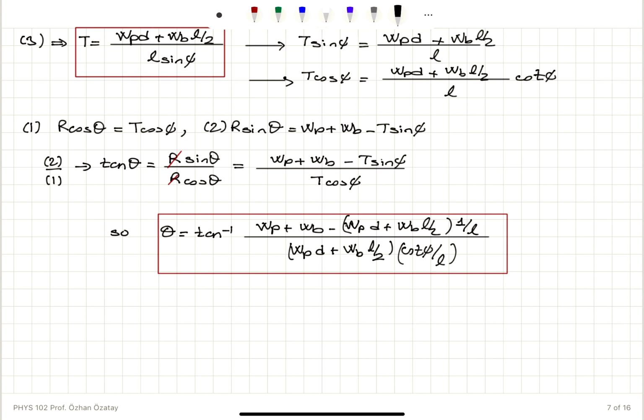Now, what is r? Well, we can use equation number 1. R is t cosine phi divided by cosine theta.